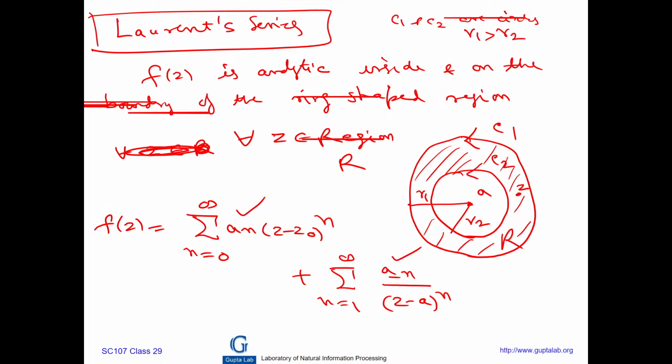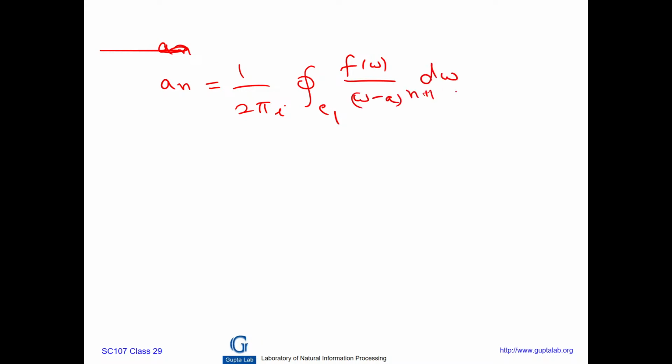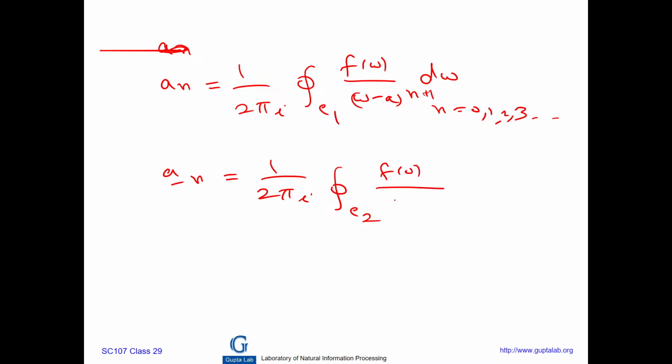Okay, so a n is 1 over 2 pi i integration along C1 f of w divided by w minus a raised to power n plus 1 dw, n is equal to 0, 1, 2, 3 and so on, and a minus n is equal to 1 over 2 pi i integration along C2 f of w divided by w minus a raised to power n plus 1 dw, n is equal to 1, 2, 3 and so on.